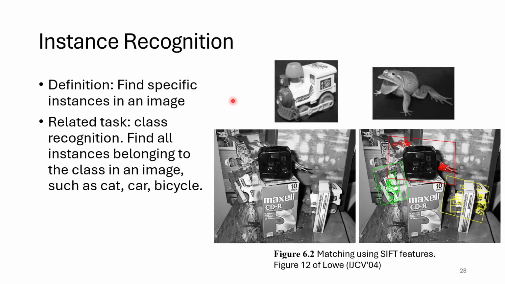No. For this task, you only need to know exactly where the toy train or the toy frog is. But this is not always the case. Let's see the example image here.